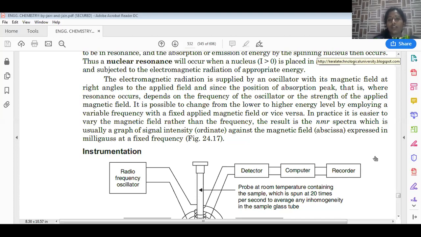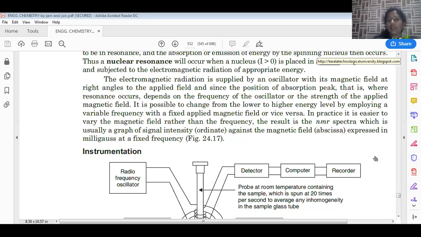Here NMR spectroscopy mainly uses radio frequency. When radio frequency is allowed to fall on the molecule, the nuclei present in the molecule, that is, the protons, are in resonance with the external magnetic field. Because of that, a new magnetic field is generated within the molecule, called the induced magnetic field.